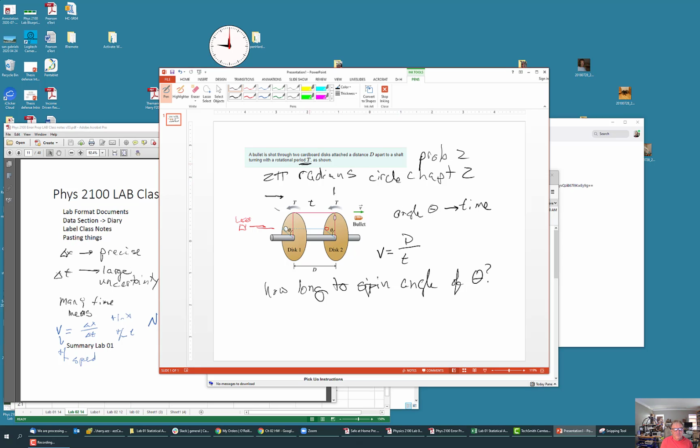And so this word period might be an issue, and the period is the number of seconds for one revolution, or 2 pi radians.